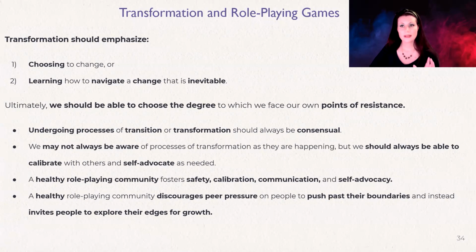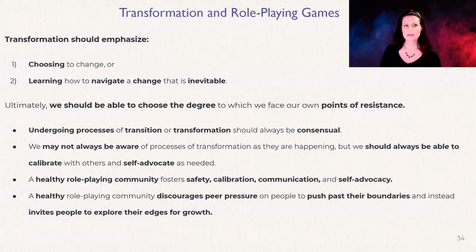Death is something that is inevitable. It is a change that all of us will experience, none of us can get out of, and therefore it's a topic that comes up a lot in games. It's something that we try to work through in these role-playing games, either practicing dying ourselves or practicing witnessing somebody we love go through a transition like that. It's not something we would ever want, but it is inevitable.